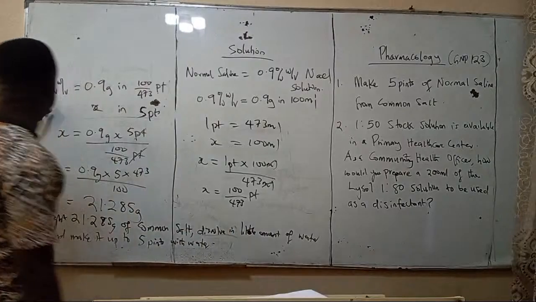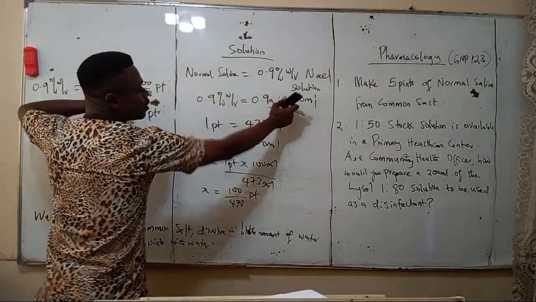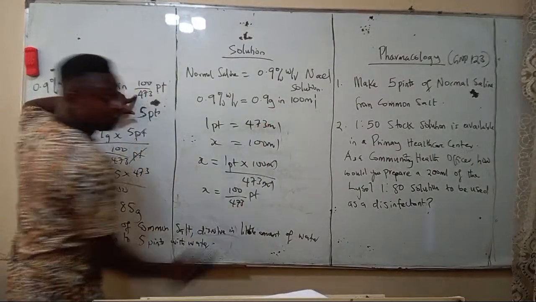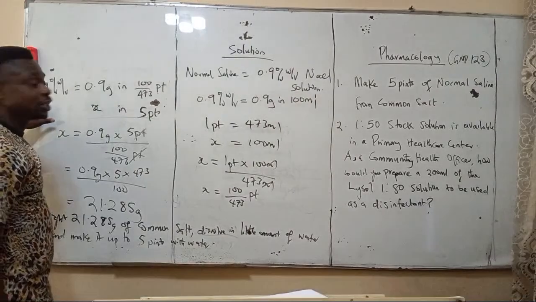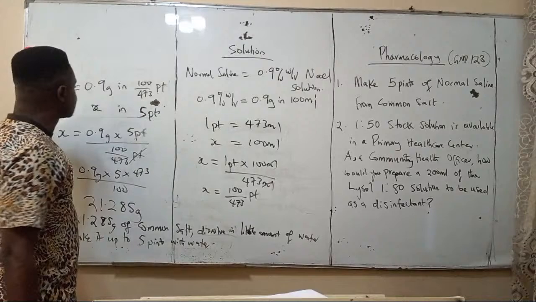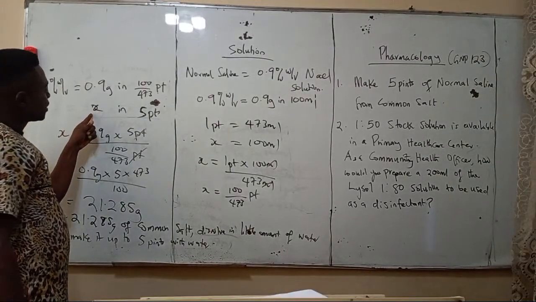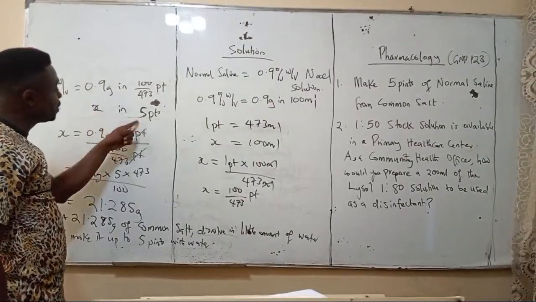We now say, okay, if we have 0.9 gram, we replace 100 ml with pints. That means 0.9% weight in volume actually means 0.9 gram in 100 over 473 pints. So X will be the amount of sodium chloride or common salt in 5 pints.